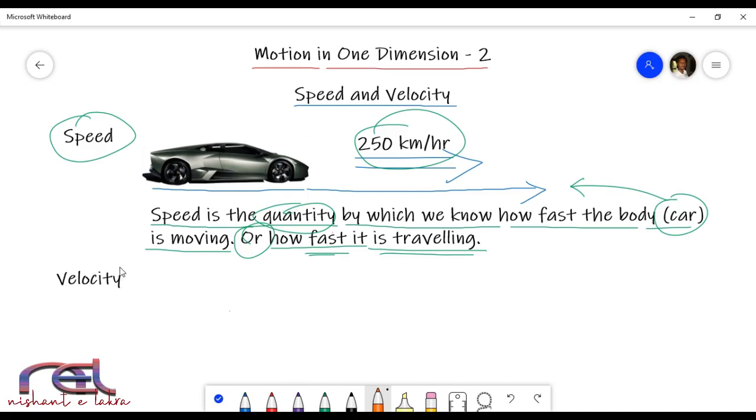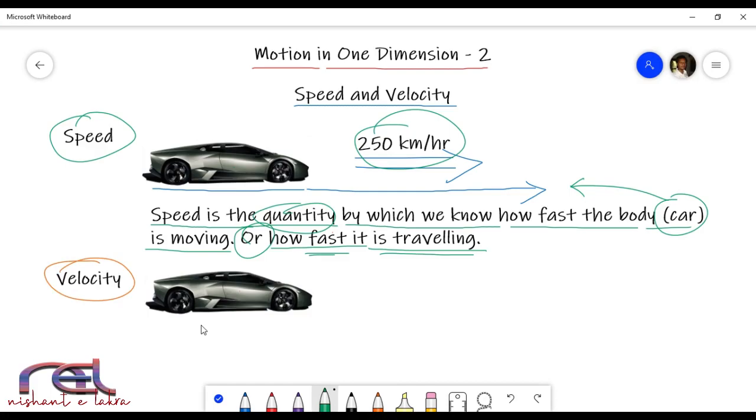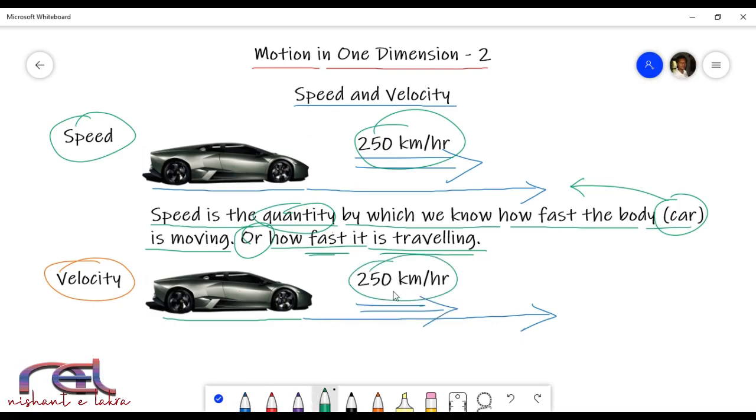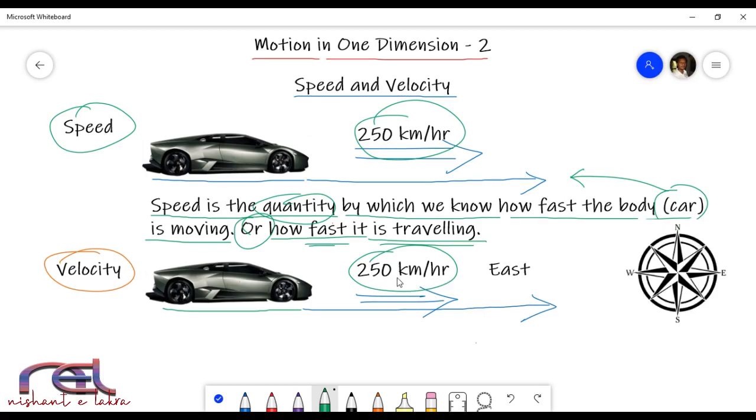Let us understand about velocity in simple sense. Same as before, the car is moving very fast. In this illustration also, let us say that the car is traveling at 250 km per hour, but there is a difference here to understand velocity. You have a compass on the right hand side of your screen. This car is traveling at the speed of 250 km per hour.